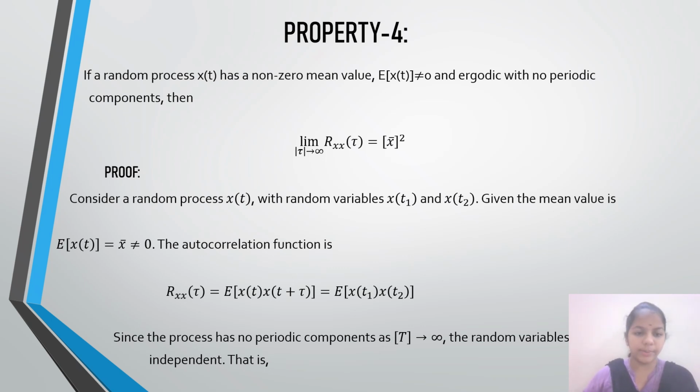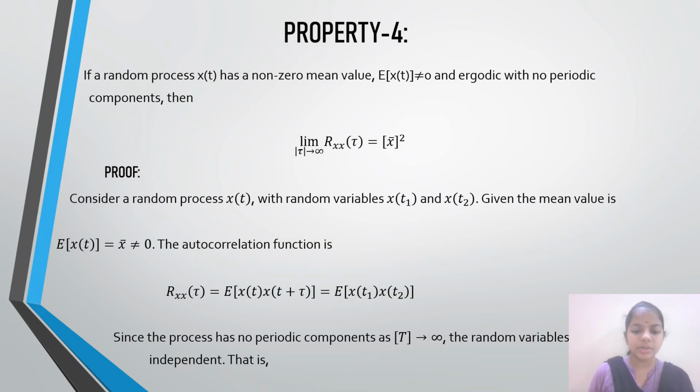If we need to prove that, consider a random process x of t with random variables x of t1 and x of t2. Given the mean value expectation of x of t is equal to x bar not equal to 0. Then the autocorrelation function is Rxx of tau equal to expectation of x of t into x of t plus tau, that equals expectation of x of t1 into x of t2.